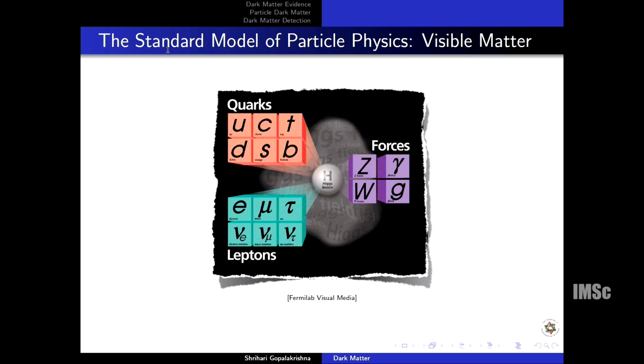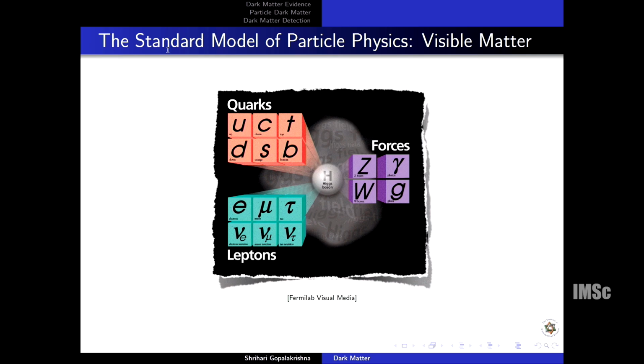Okay, so before we begin, we will first take an account of what all we know right now and what all things we can account for in the universe. The visible matter is summarized in what is called the standard model of particle physics. These are things that we understand quite well now.